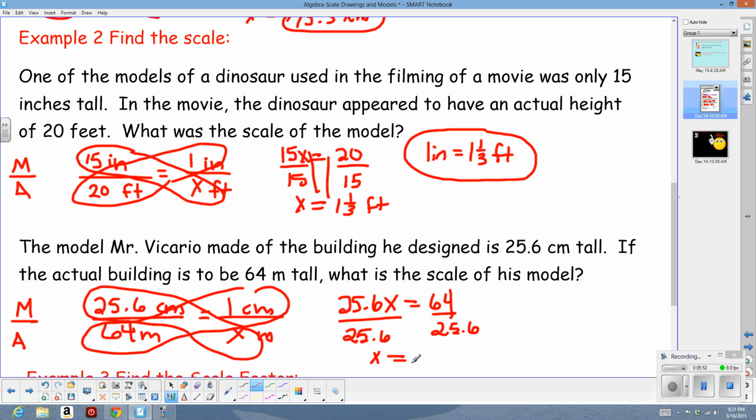And that works out to be 64 divided by 25.6. That's 2.5. So 1 centimeter equals 2.5 meters.